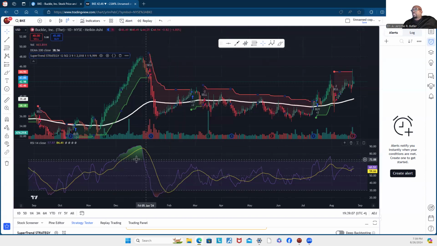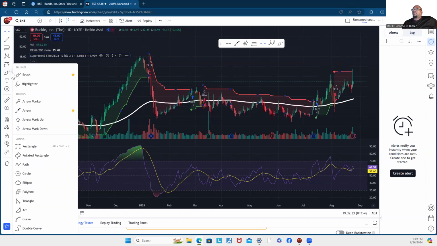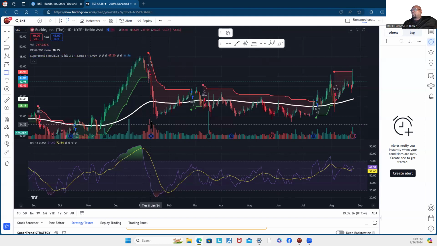And you can see that also in the RSI as we meander through. So for Buckley Industries, if we were looking at this in the long term, everything that you can see would be a long-term buy, because you don't see a whole lot that's hitting below the white line or below the 200-day moving average.